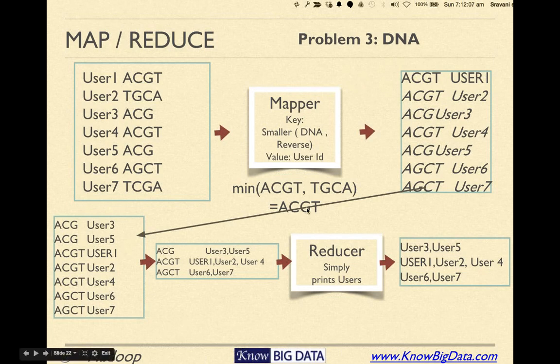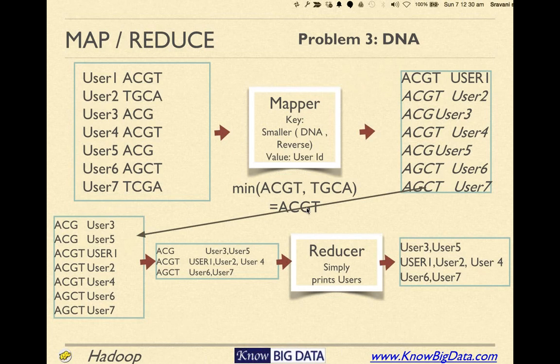So the way we are doing key selection in this, again, the problem statement is: bring all the users together who have either identical DNA or completely reverse, opposite DNA.